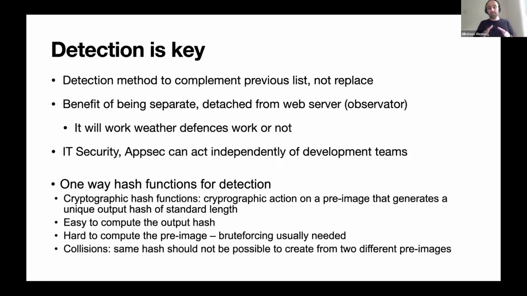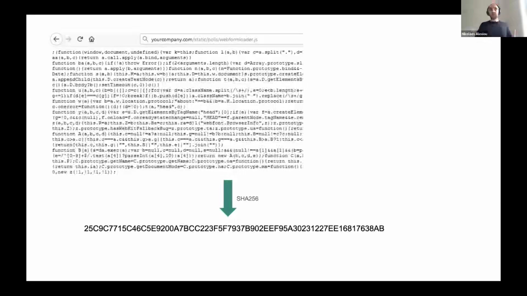You apply the one-way hash function on that pre-image and you get a hash value. You get a hash in the end. And this hash value will be unique for its pre-image. So you change the pre-image, the hash changes as well. That's the main functionality. And you go fast from the pre-image to the hash, but it's not as easy to go backwards.